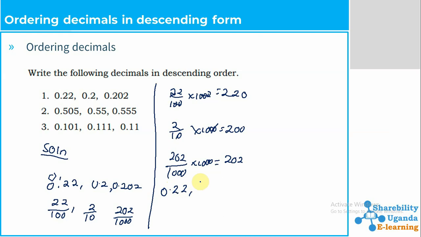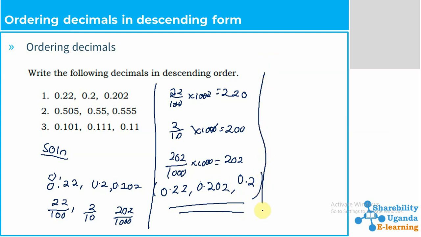Then I will have our 0.202. Then lastly our 0.2. Okay, so now here we shall have arranged our numbers according to descending order.